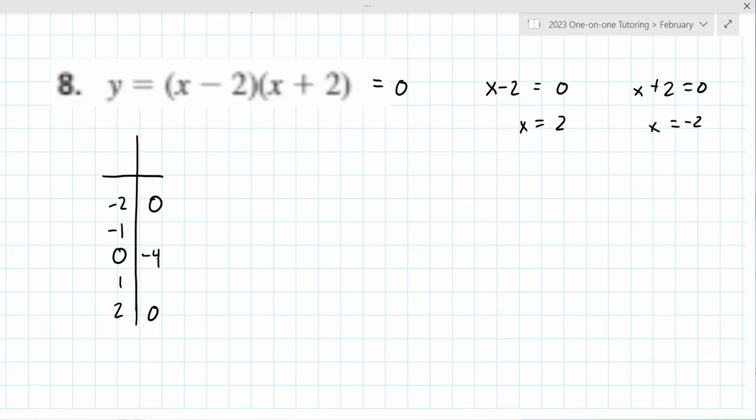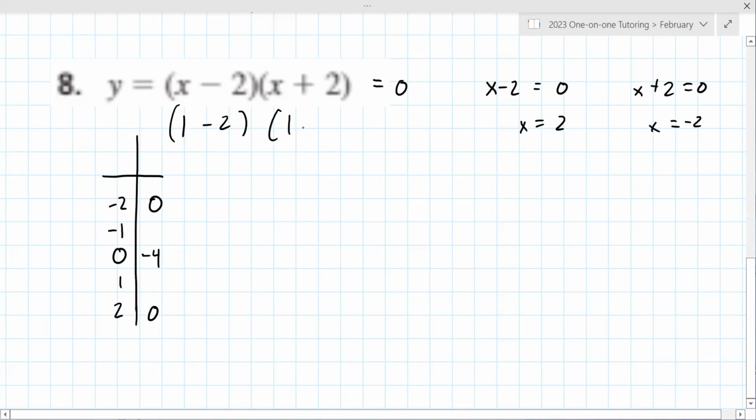And then -2 times 2 is -4. So I got -2 for -1, and then -2 for 1, and then -4 for 0. Okay, so I would have tried the 1 minus 2, 1 plus 2. Oh, it's -3. Yeah.